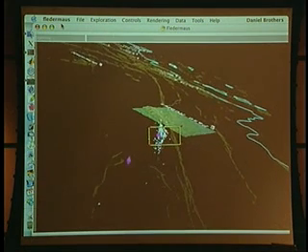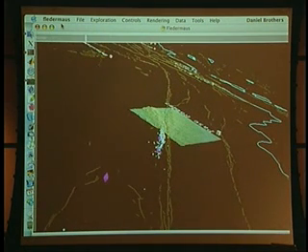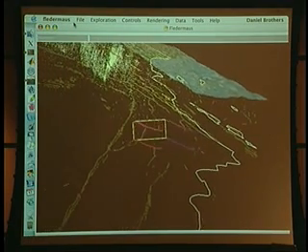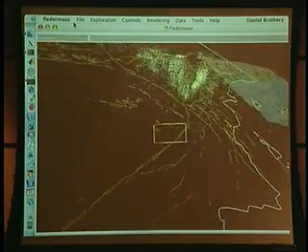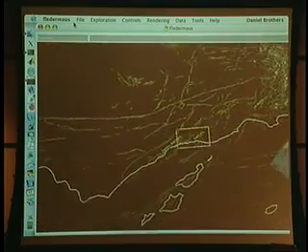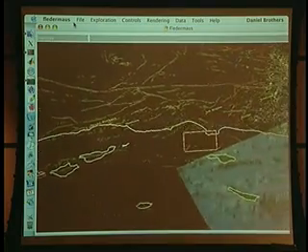But now what we're going to do is we're going to run over to the imperfect plate boundary, and we're going to look at Southern California, where we are right now. So we're now back in SoCal. Let's sweep away and back up just a little bit.